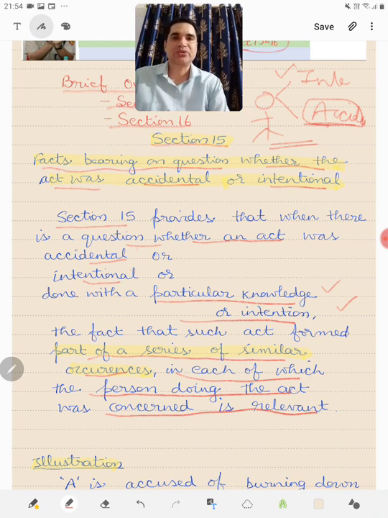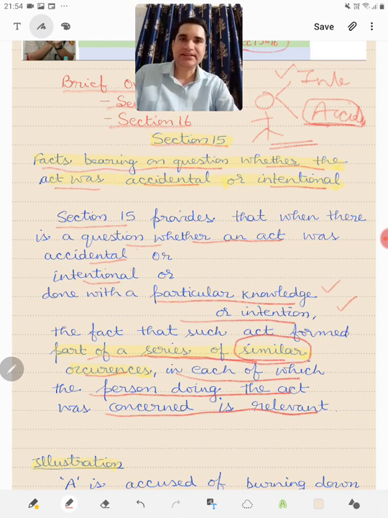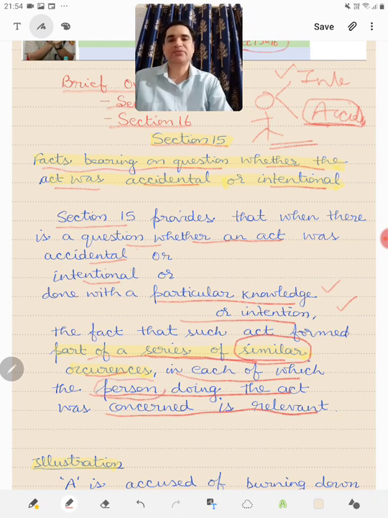So when we want to find out whether an act was accidental or intentional, the series of similar occurrences matters: earlier also the same thing has happened, and in all such occurrences the person concerned was involved.